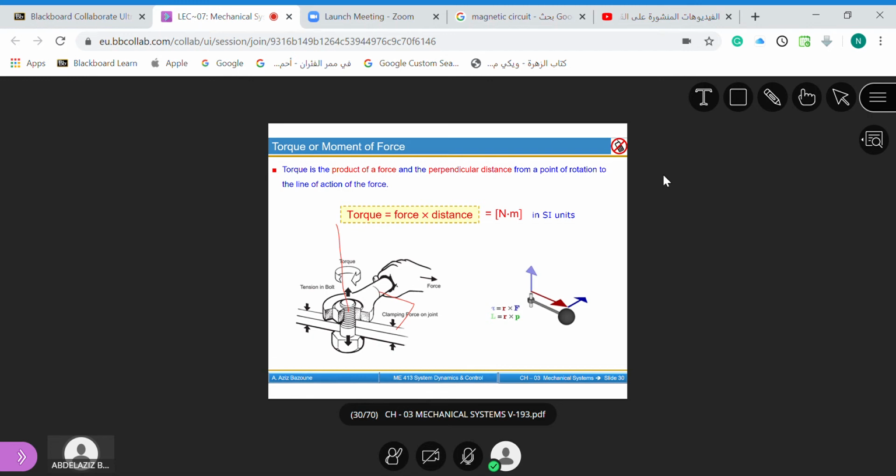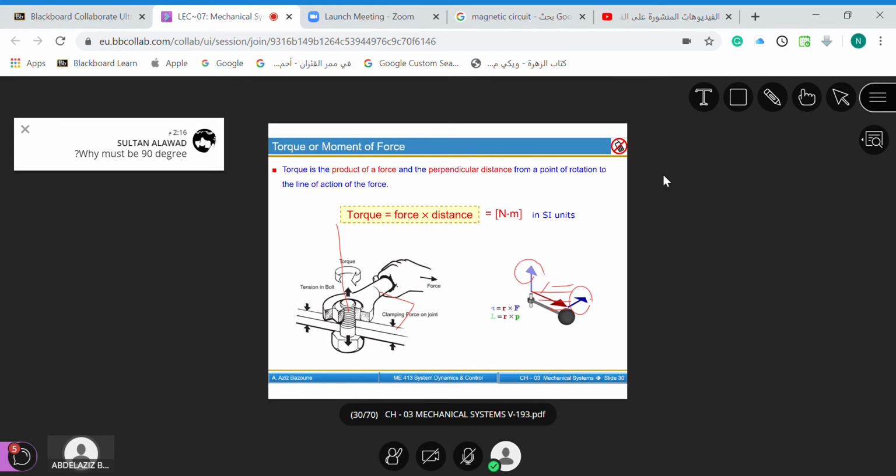So this is the torque here. The force is this one, and the radius, the perpendicular distance, is from here to here, and this is the force you are applying. And the torque is perpendicular to this plane. Otherwise there will be no motion.